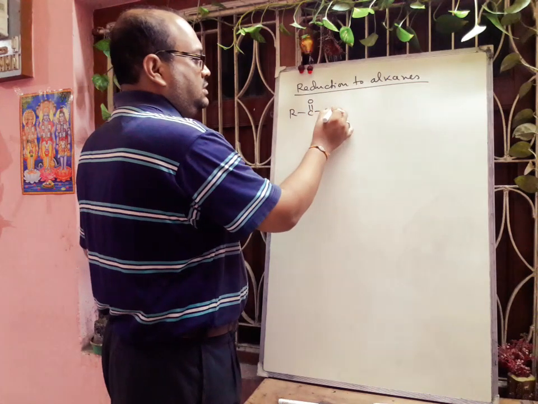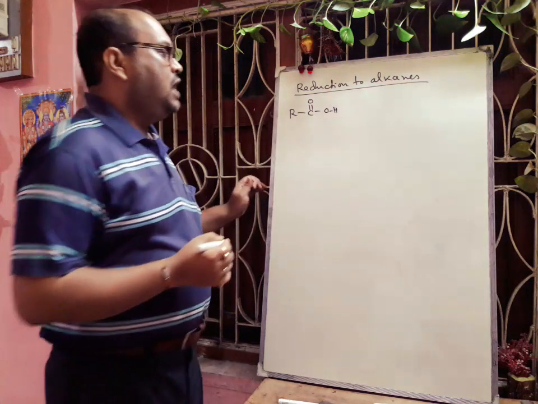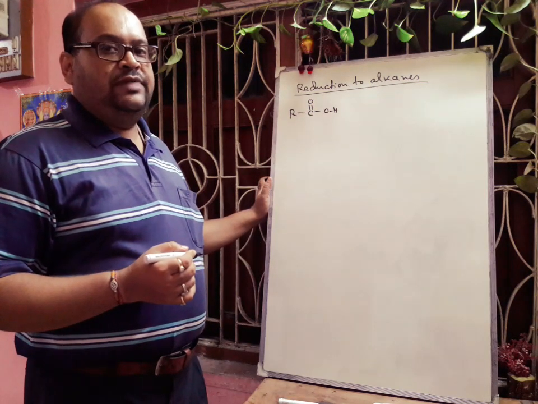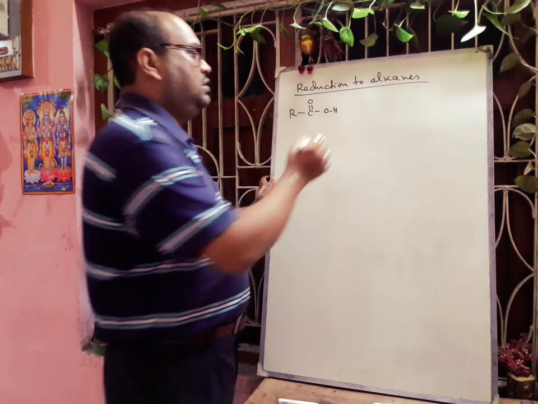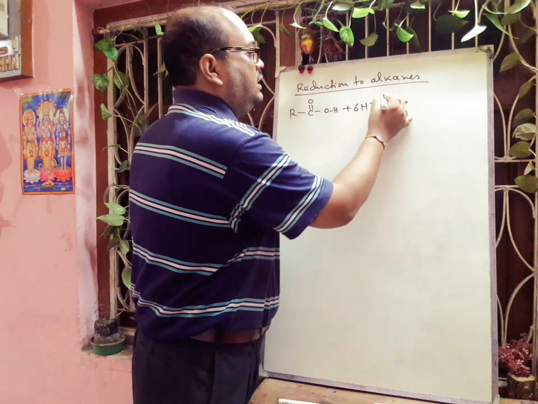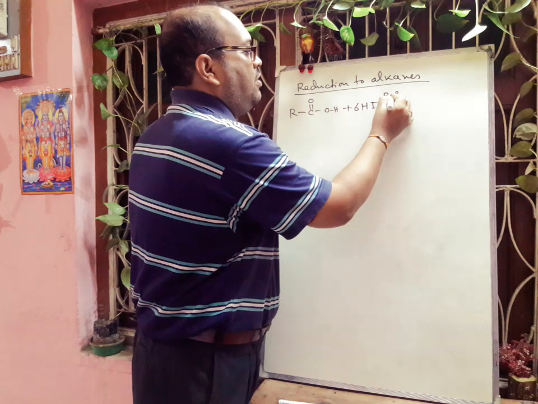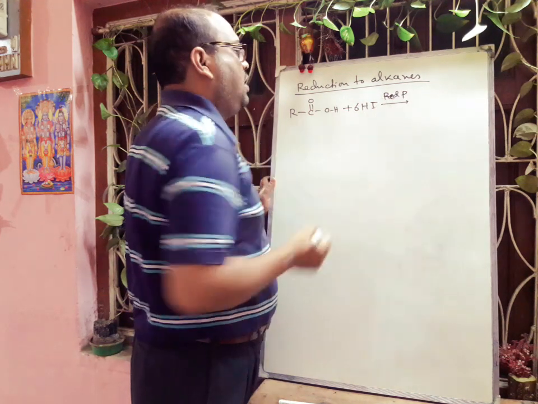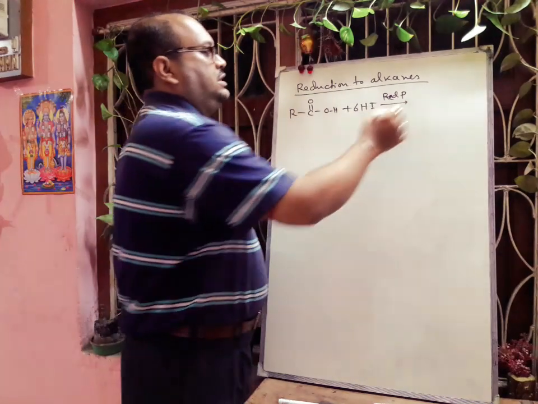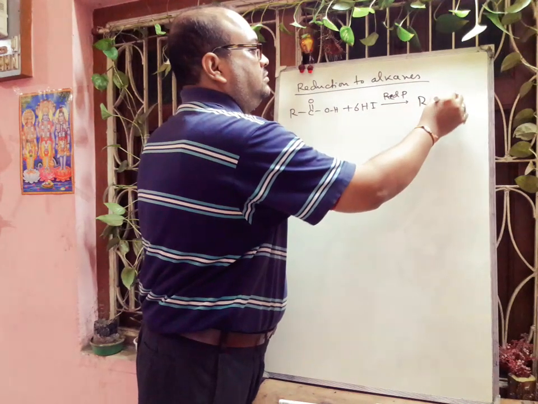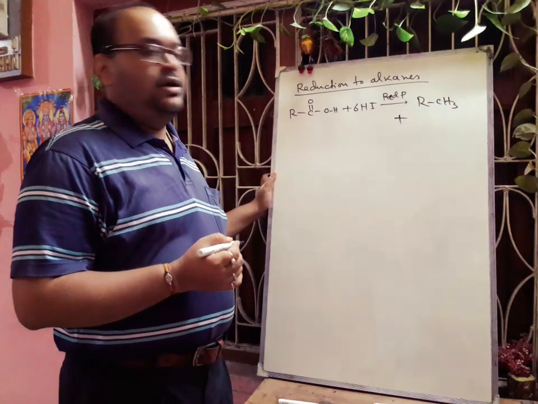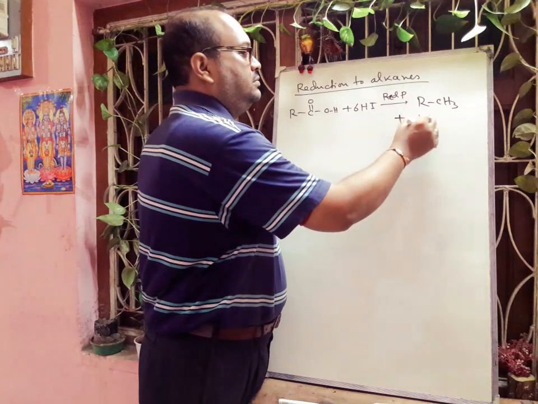If we think about one carboxylic acid and use the reagent red phosphorus and HI, so here 6HI will react in presence of red phosphorus, that will produce RCH3, the corresponding alkane, plus there will be formation of iodine and water.